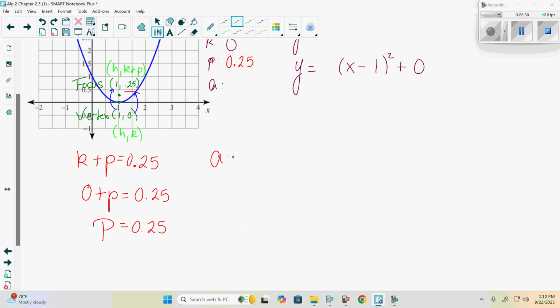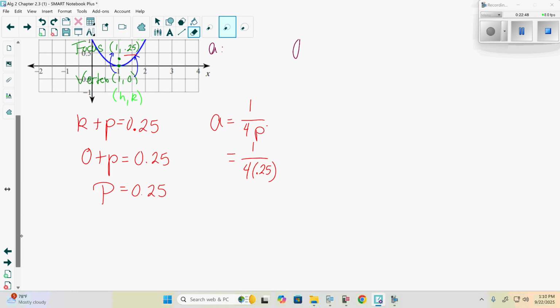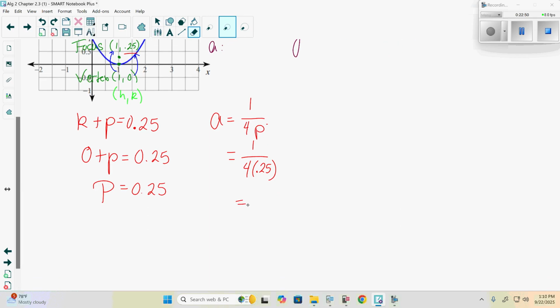Now, it's really interesting when we start trying to find A. Nope, let's keep the forms the same. Jumping ahead. Because A is equal to 1 over 4P, or 1 over 4 times 0.25. Now, at this point, again, we can plug this in the calculator and let it do it for us. We don't have to do this by hand.